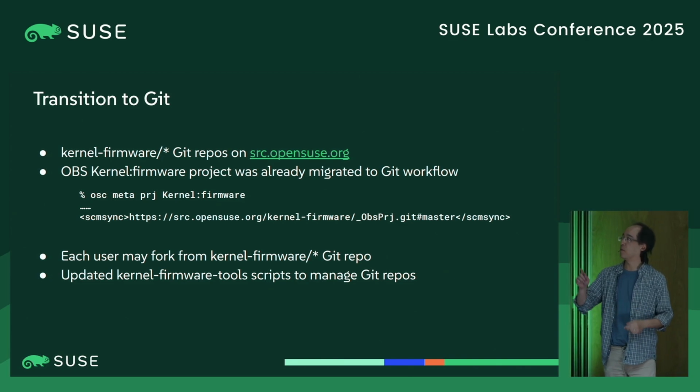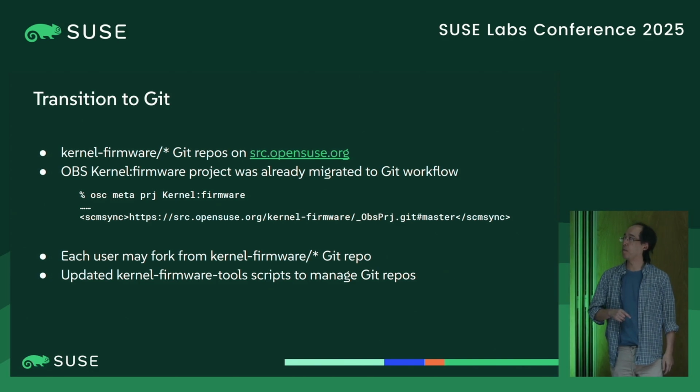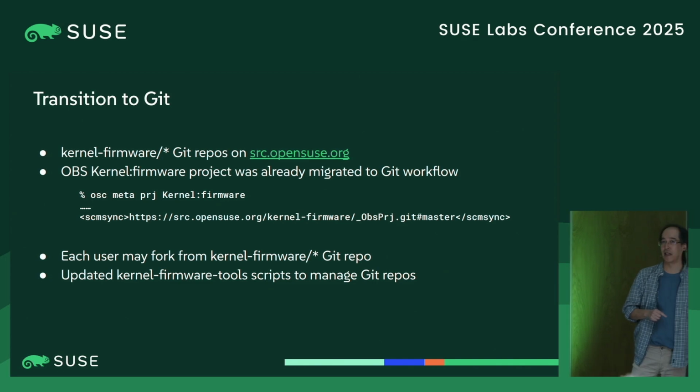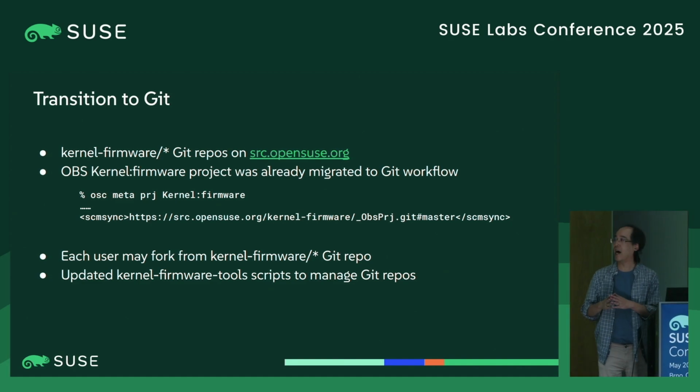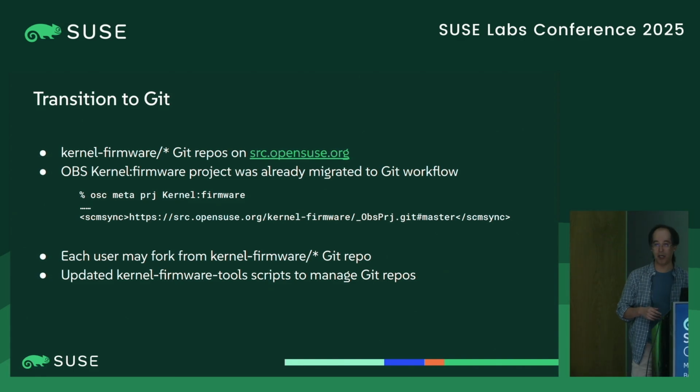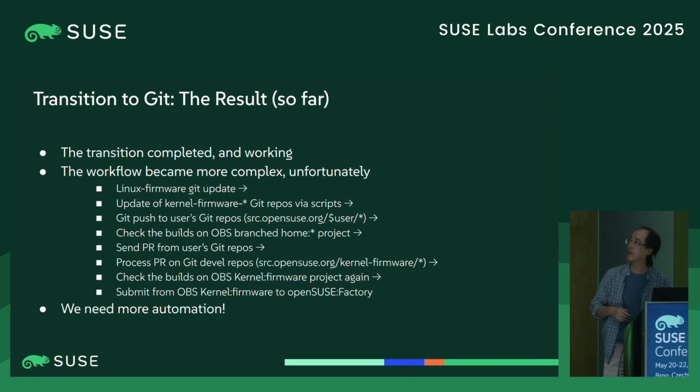It means that when you look at the OBS meta project output, you see an SCM sync line pointing to the Git project. So all repositories under this kernel firmware are managed by Git. The user will have to do osc fork instead of osc branch for managing the kernel firmware Git. And the scripts have been modified and updated to manage the Git repositories.